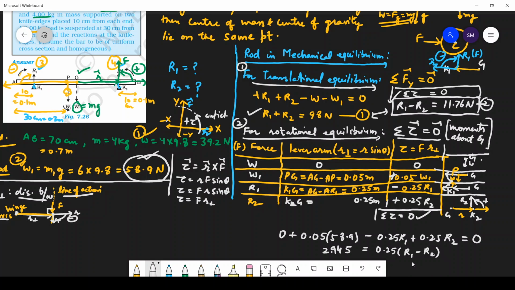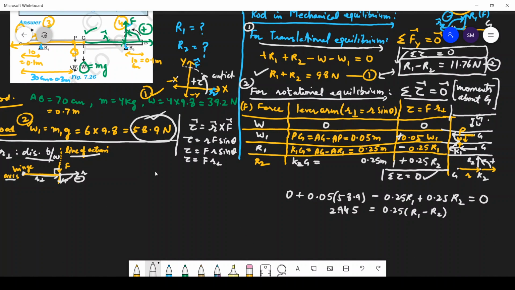Further you solve it, so 2.945 divided by 0.25 is equals to R1 minus R2. Simply dividing them, you will get R1 minus R2 equals to 11.76 Newton.